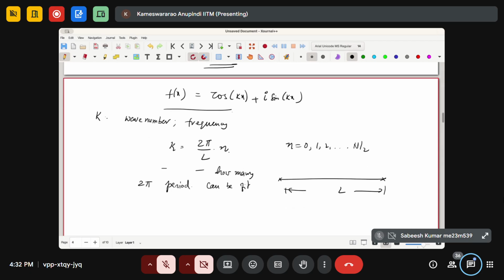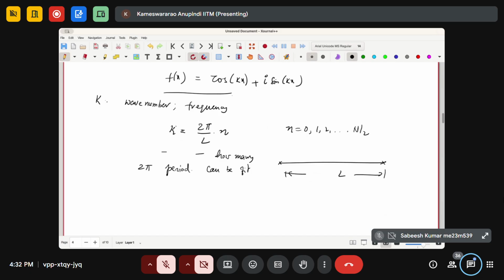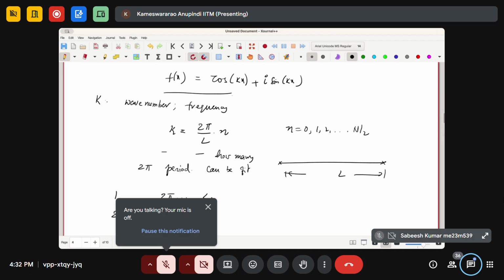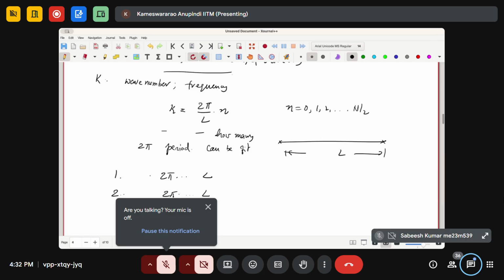That means if n equals 0, we are unable to fit even a single wave, but if n equals 1, then k is 1, and we are able to fit one wave of period 2 pi in a length of L. Similarly, if n is equal to 2, then we can fit 2 waves of period 2 pi in a length of L, which means it is varying much more rapidly.